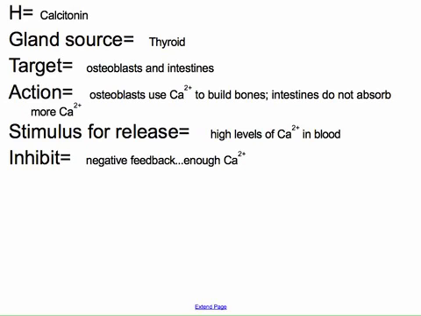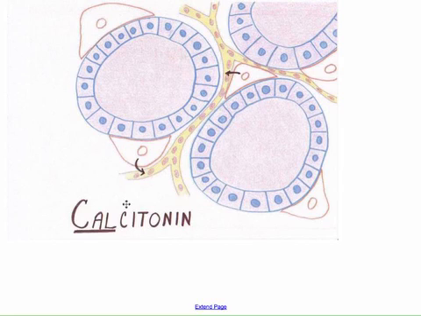Whenever I don't have enough calcium in the blood, the system will be turned off when I have enough calcium. And so again, looking at these pictures, calcitonin is made by your parafollicular cells. That calcitonin will then leave into the bloodstream and go target the cells that they need to target.